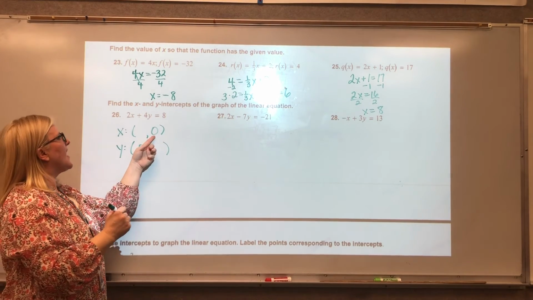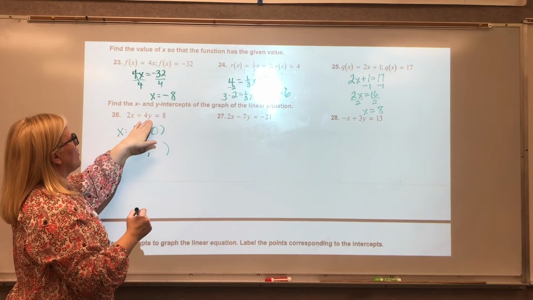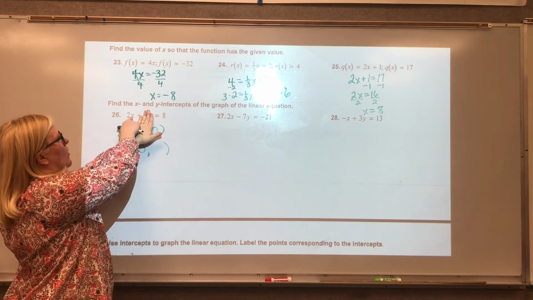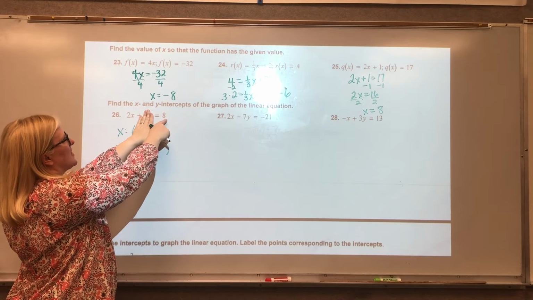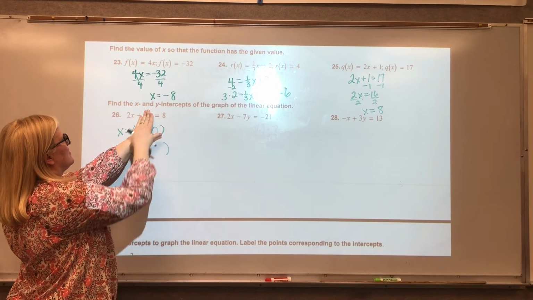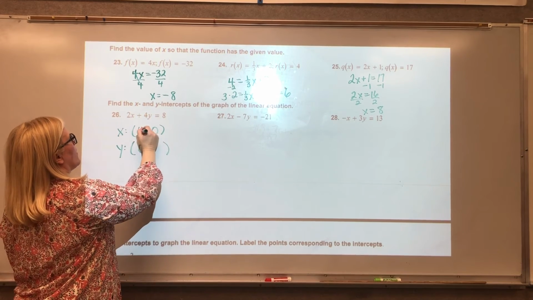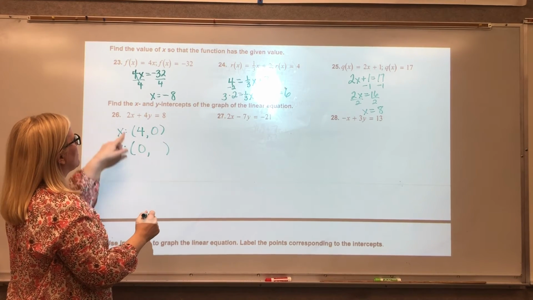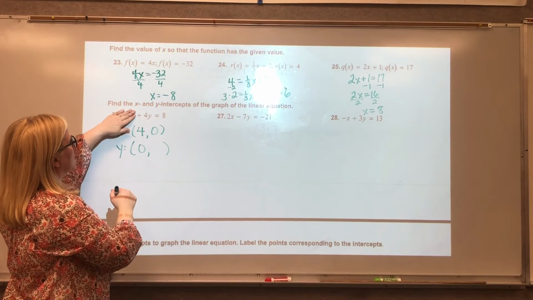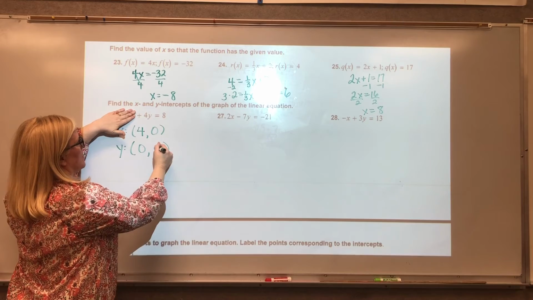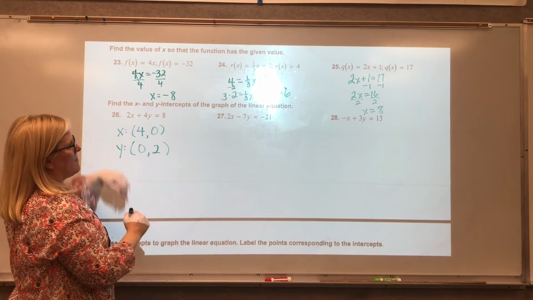So if I plug in 0 for y right here, that's going to make that one go away. Well, what value of x gives me 8? 2 times what gives me 8? Well, that's going to be 4. And if I plug in 0 for x right here, that's going to make that go away, and 4 times 2 is 8.